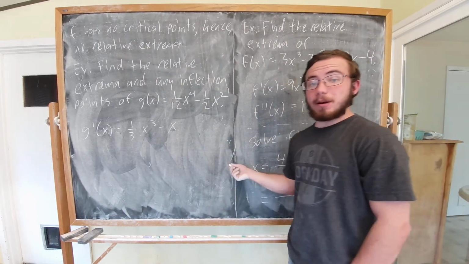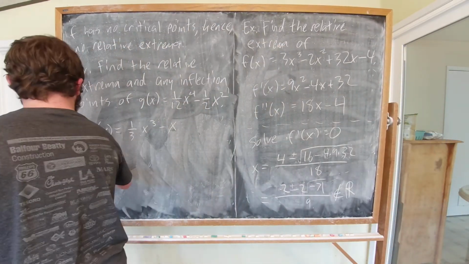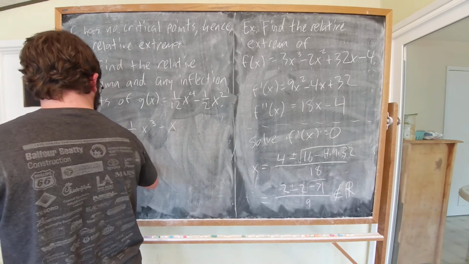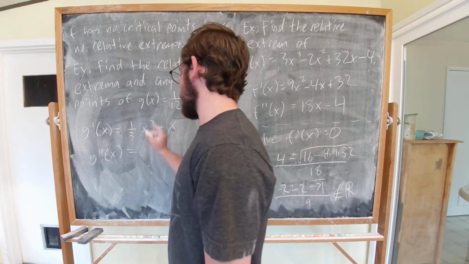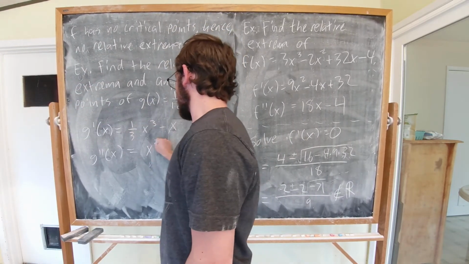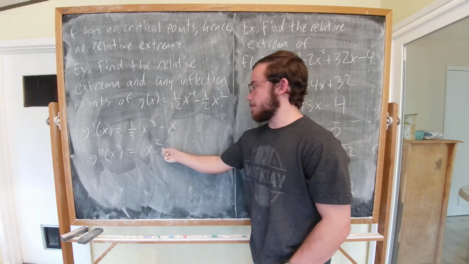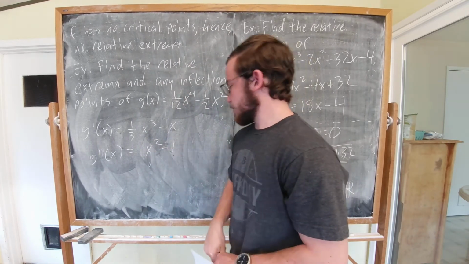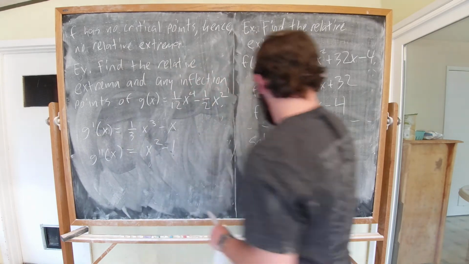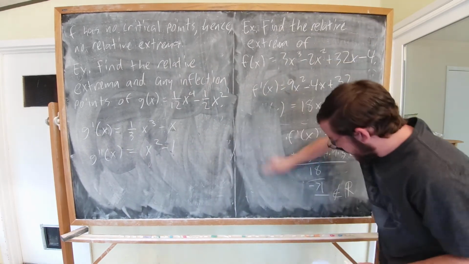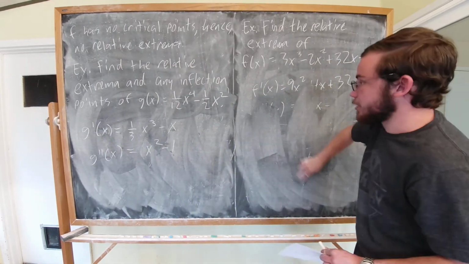Alright, and then g double prime of x would give us 3 times 1/3 is 1, so we'll have x squared minus 1. Alright, let's find critical points.